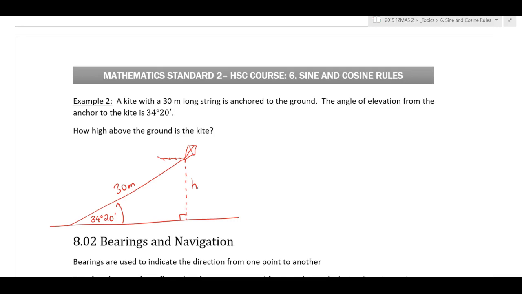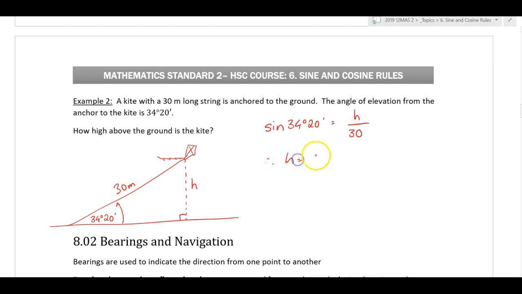Rightio. So, I can see here I've got an opposite and a hypotenuse, so we're back to sine again. Here's me saying it's always tan, not always tan. So, the sine of 34 degrees 20 minutes is equal to the opposite, h, over the hypotenuse, 30.